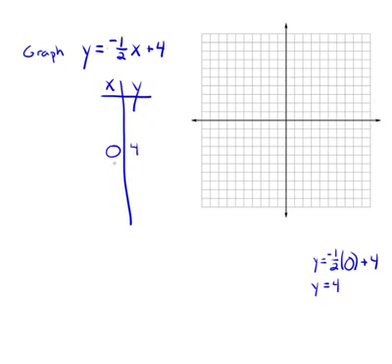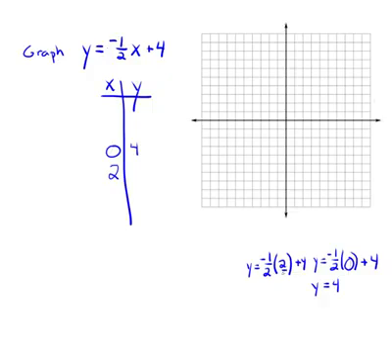Now, if I substitute a 1 in my problem here, that's going to be negative 1/2 times 1, and then I'm going to get a fraction. So I want to use an easier number to help me do my calculation. I'm going to choose 2, because when we substitute that in, we get negative 1/2 times 2 plus 4.